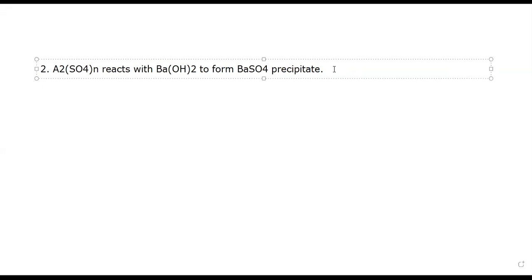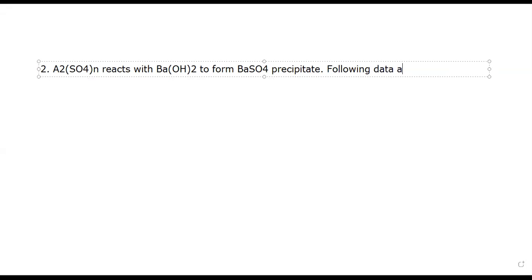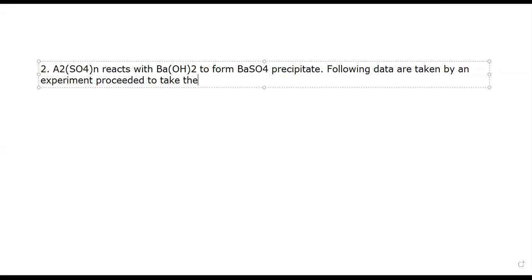The following data are taken by an experiment to find the stoichiometric ratio.